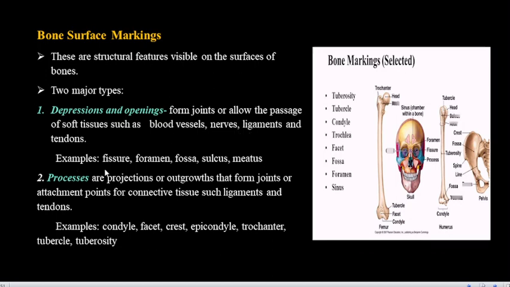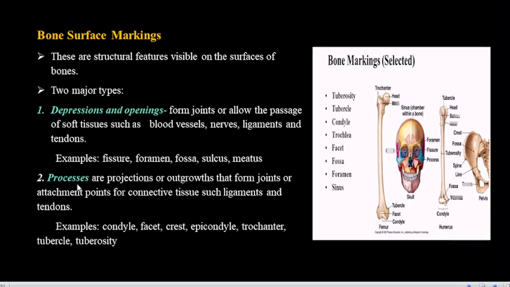Ang example natin is your fissure, your foramen, your fossa, sulcus, and meatus. Another one is the processes. Now, these are projections or outgrowths that form joints or attachment points for connective tissue such as ligament and tendon. So, ang pinagkaiba lang siguro nito, ang depression and openings will serve as passage for blood vessels, nerves, and ligaments.